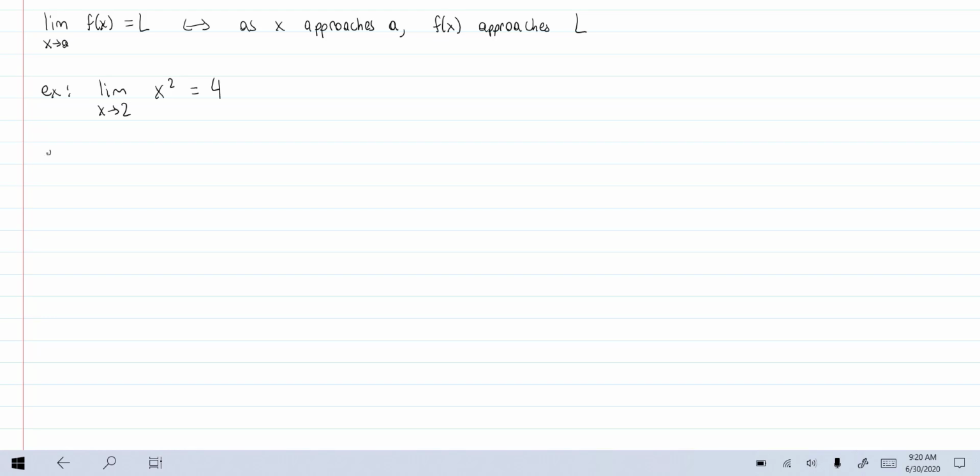As another example, maybe one that looks a little bit more crazy, let's do the limit as x approaches 1 of e to the x minus x square root of x squared plus 4, over 5 cosine pi x.